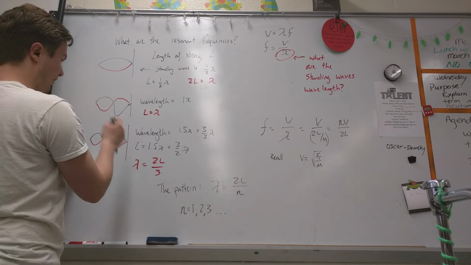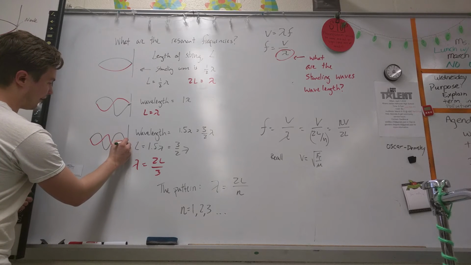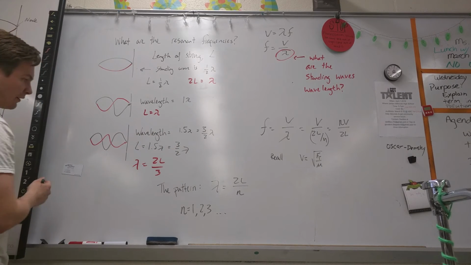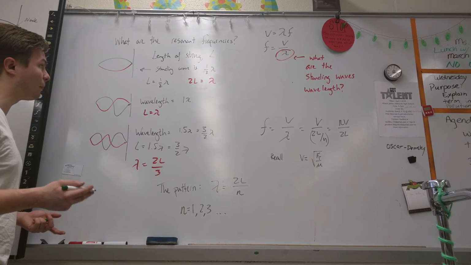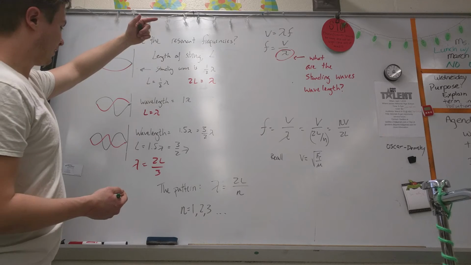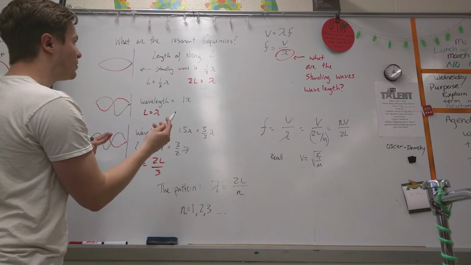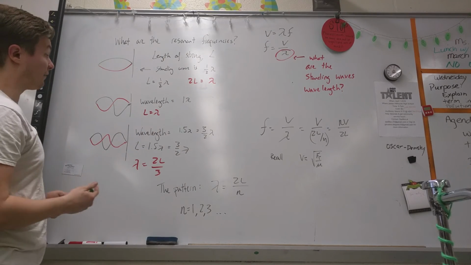The next one down, here I see I've got one wave and then a half wave. So 1.5 wavelengths, or 3 over 2 wavelengths. Solving that for lambda, I get 2L over 3. What's the pattern here? Well, I start with 2L, and I'm dividing by some number, and that number is increasing with every half wavelength that you have.